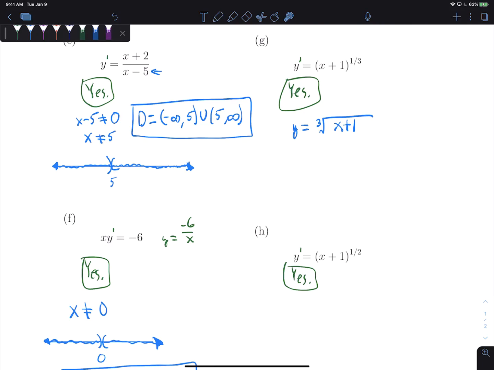So this is actually the same thing as y equals the cube root of x plus 1. As a result, we ask ourselves, is this an even indexed radical? The answer is no, because this is a cube root instead of a square root. That tells me that the domain will be all real numbers, negative infinity to infinity.